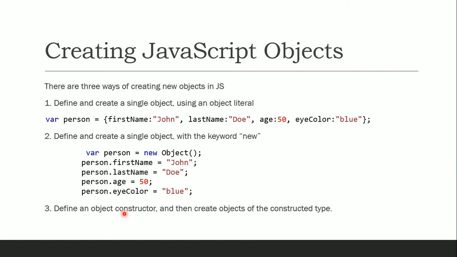And thirdly, you can define an object constructor and then create objects of the constructed type. In this course, we would use the very first two ways of creating objects.